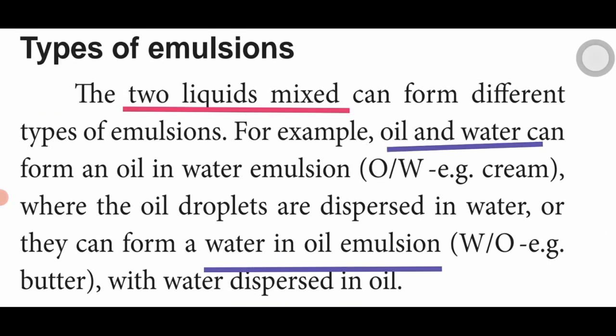In a water-in-oil emulsion, water is dispersed in oil. These are the two types of emulsion: one is oil in water, another is water in oil. In an oil-in-water emulsion, oil droplets are dispersed in water.